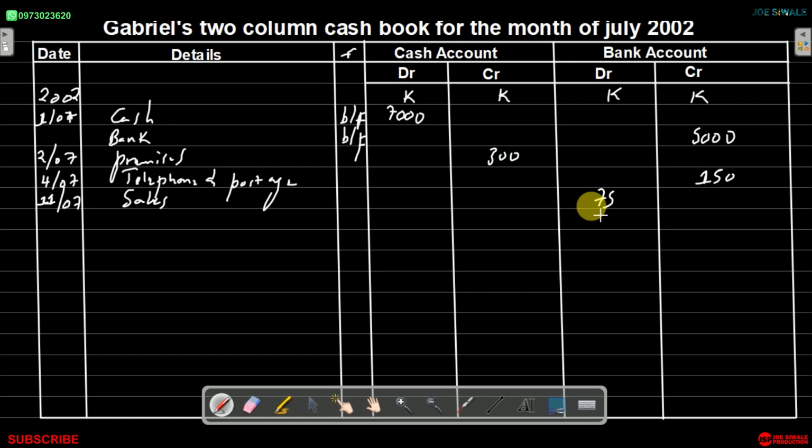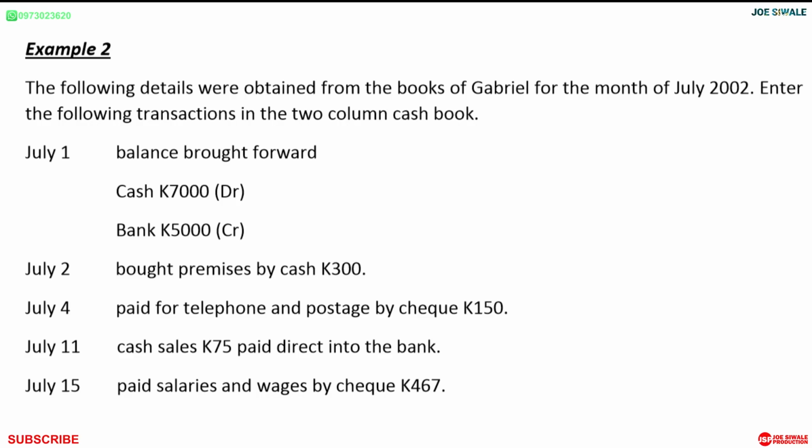Then on the 15th of July, paid salaries and wages by check amounting to 467. So for this type of transaction, it is taking money out of the business, and that means that we're going to credit the bank account.